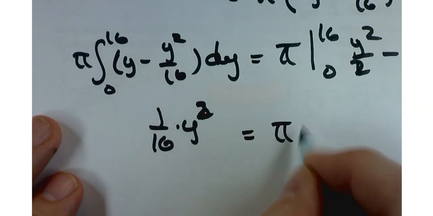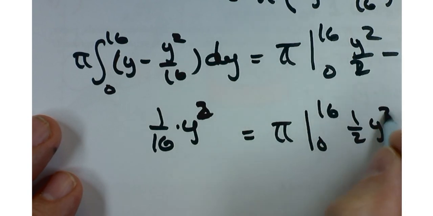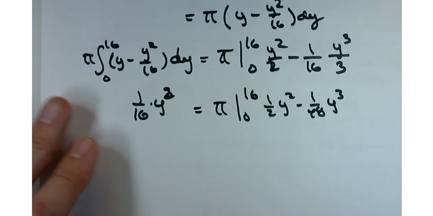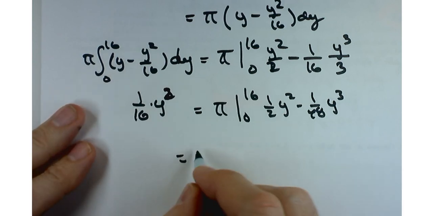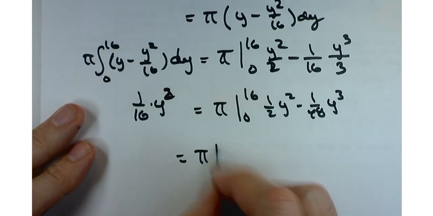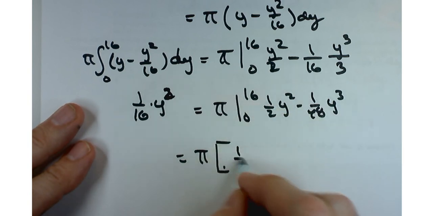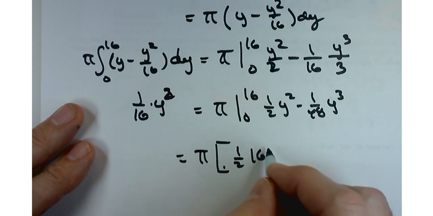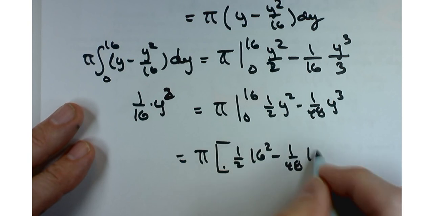So it's going to be pi times 0 to 16. I'm going to write that as 1/2 y squared minus 1 over 48 y cubed. Sorry, I didn't realize I was off screen there. So it's going to be pi times 1/2 of 16 squared, so 1/2 of 256, minus 1 over 48 times 16 cubed.